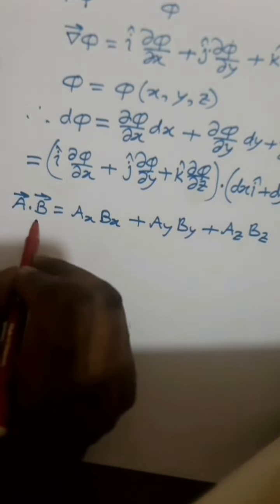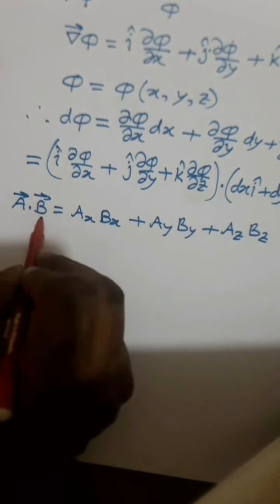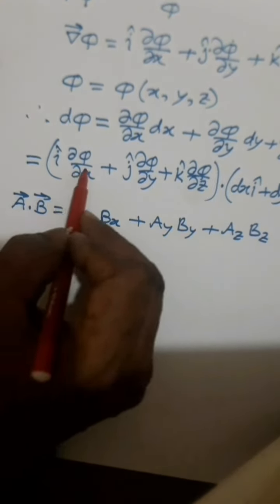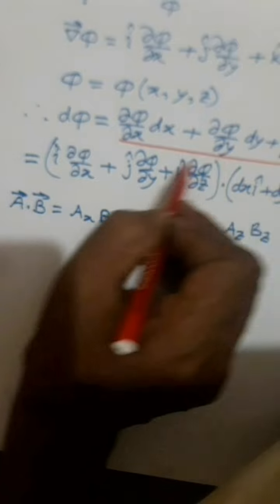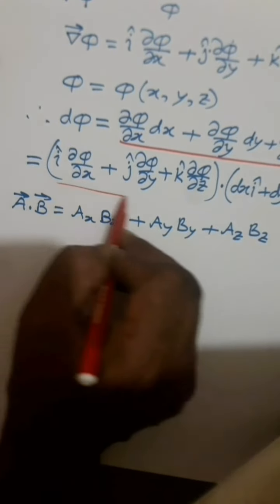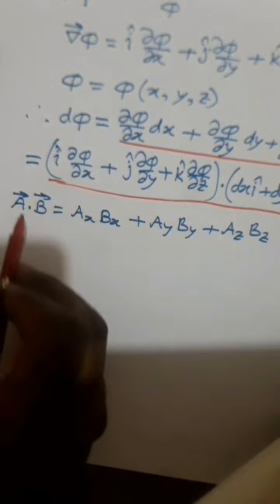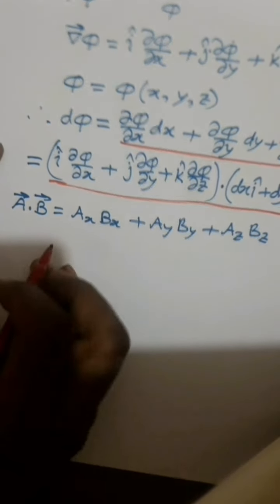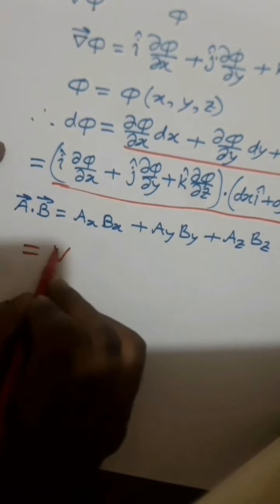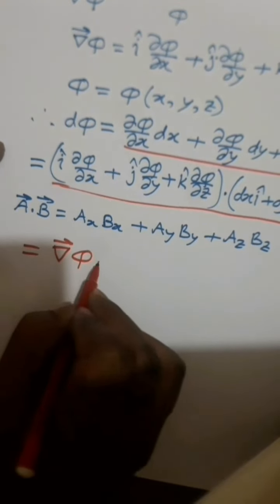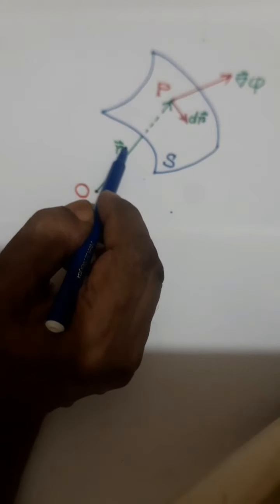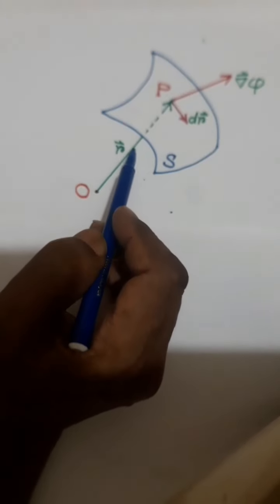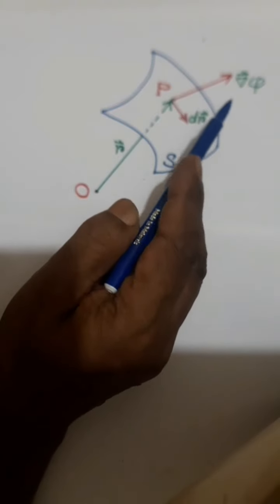On that rule of expression of A dot B, we have written the right side of d phi as follows, which is equal to del phi dot dr. R is the position vector of the point where we are looking for phi and grad phi.